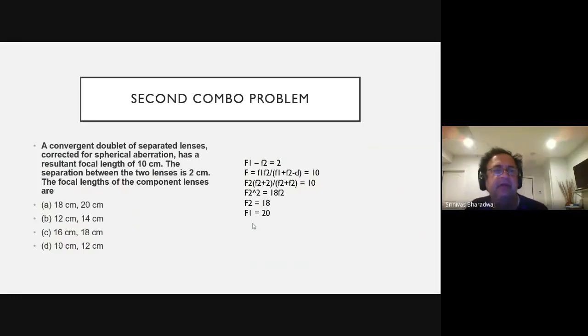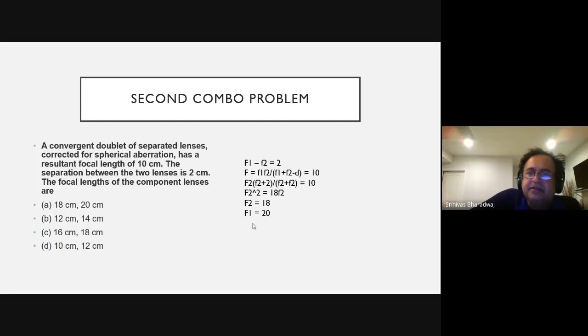Simple method. Convergent doublet of separated lenses corrected for spherical aberration has a resultant focal length of 10 centimeters. Separation between the lenses is 2 centimeters. So now, what do we do about the separation?